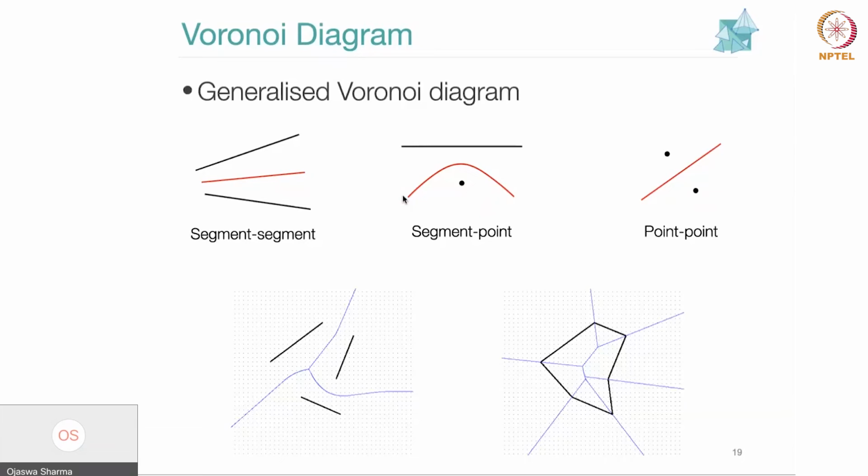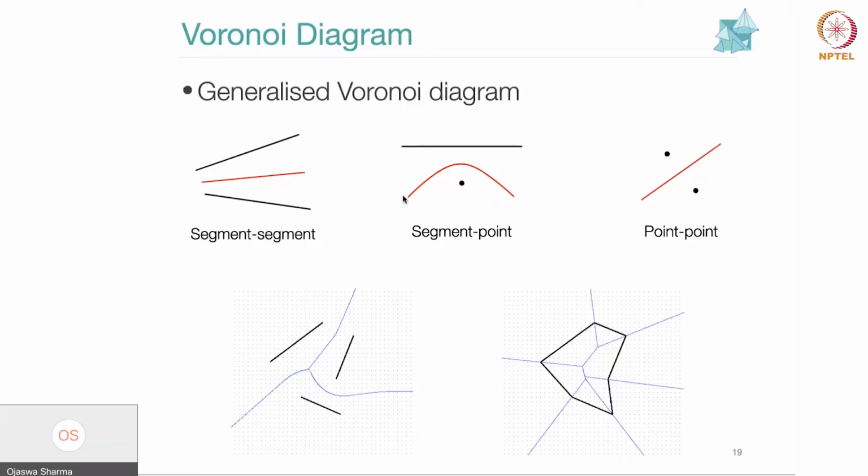And between segments, the bisector is a straight line again, right? Below here, I have some Voronoi diagrams of non-point primitives. If you have three disconnected lines, you could imagine that each is a finite line segment with two points at the ends.